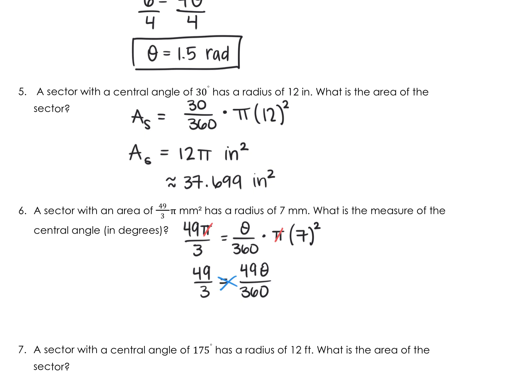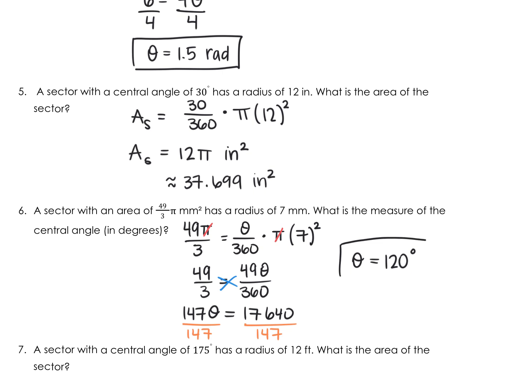So 49 times 3 is going to be 147 theta equals, and 49 times 360 is 17,640. So then my last step here is going to be to divide both sides by 147. And we're going to get theta equals 120 degrees.